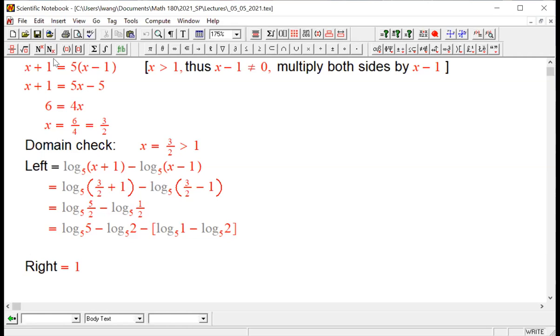This is not the only way to do it, but I'm doing it by expansion. You can use the quotient rule the other way, which is to make that into one logarithm. You can do that too, and I will show you shortly how you would do that. Okay, and then we have these two parts. This guy equals 1, right? So it's just 1 minus log base 5 of 2. And log base 5 of 1 is 0. So negative makes positive, right?